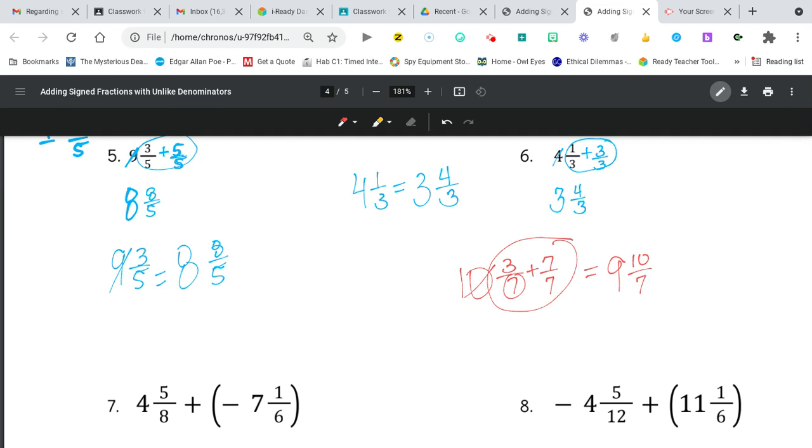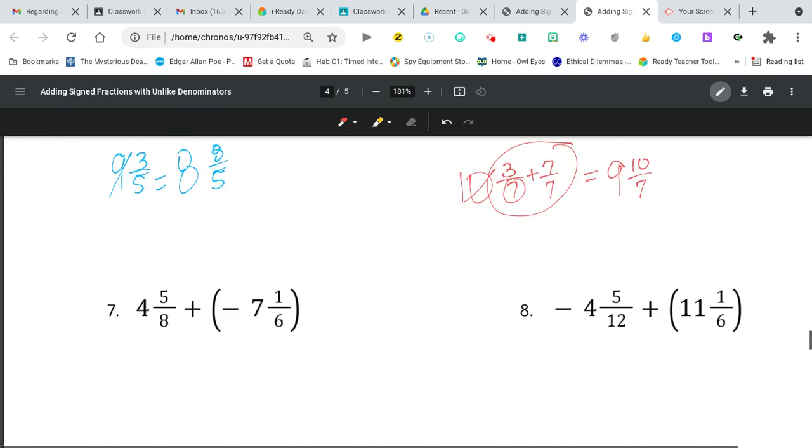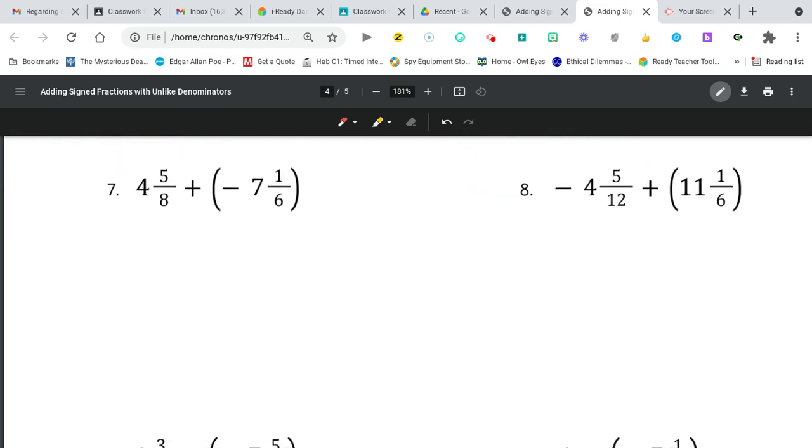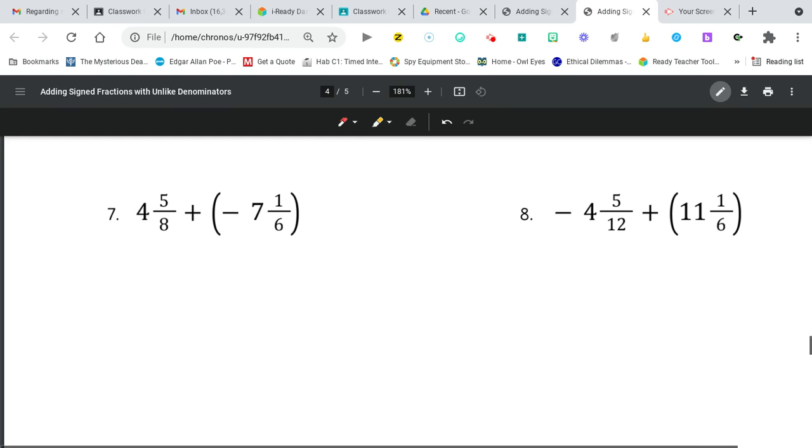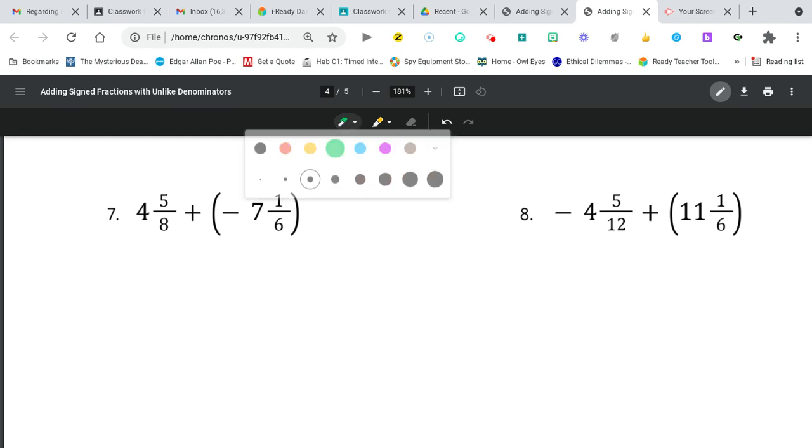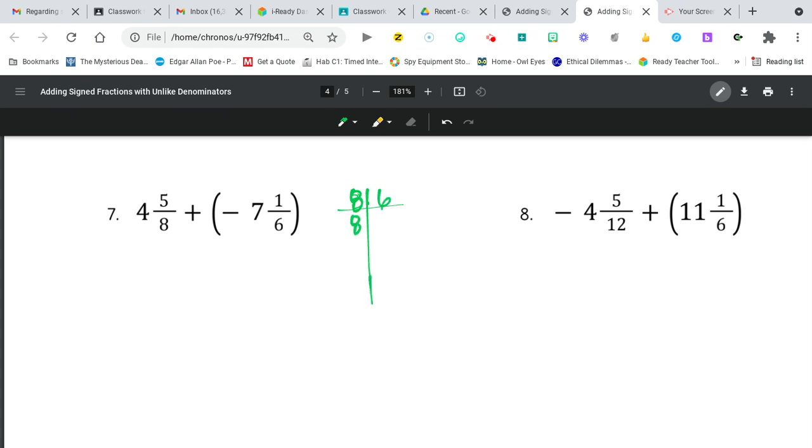Okay, you're going to need that for when we get ready to do these. You need to know that for when we get ready to do these. So I'm going to have 8s and 6s.